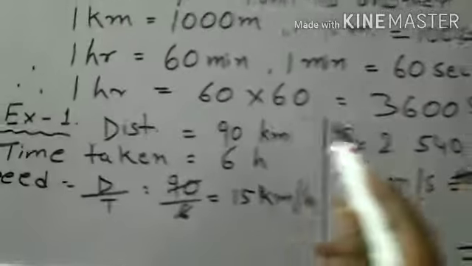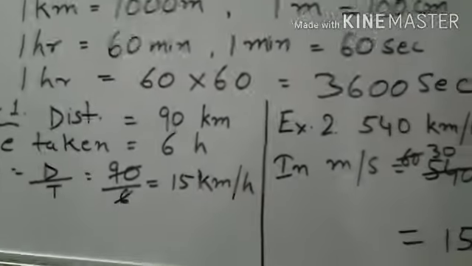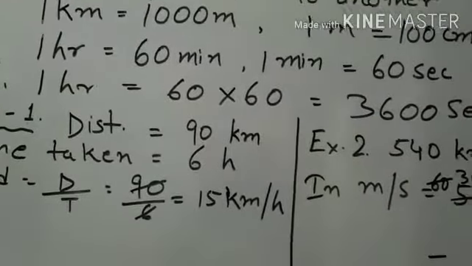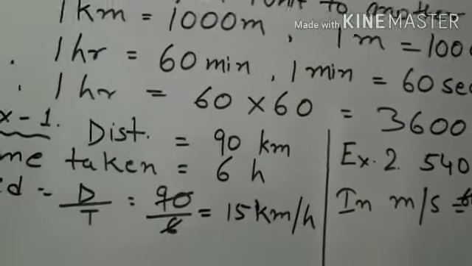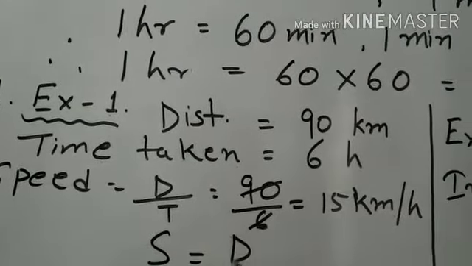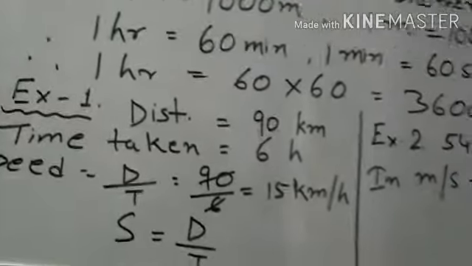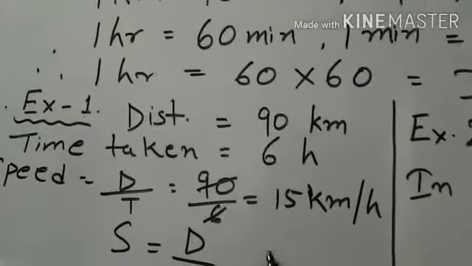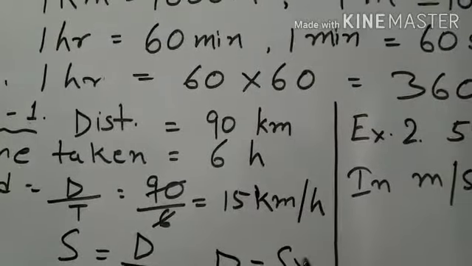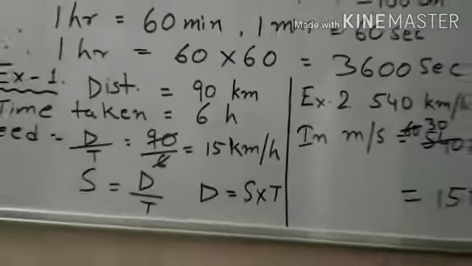In this way, we will solve many more numericals by putting the values in the formula, which you now know very well. Speed is equal to distance by time. Sometimes you have to find distance. In that case, it is speed into time.